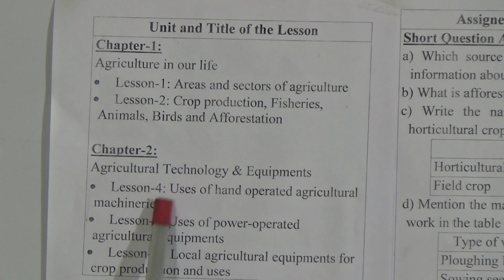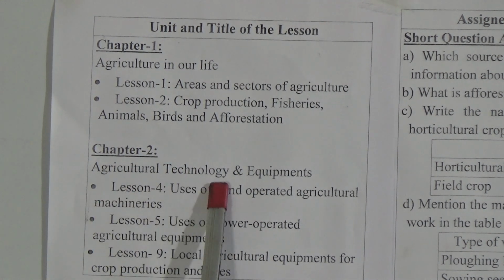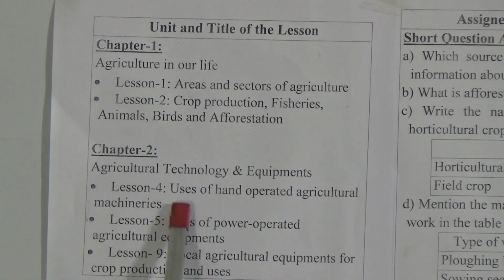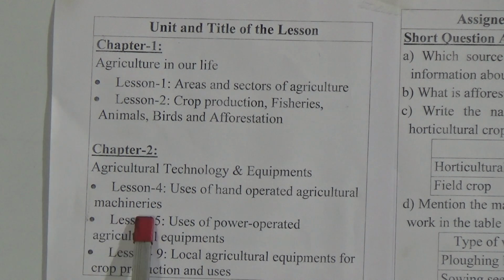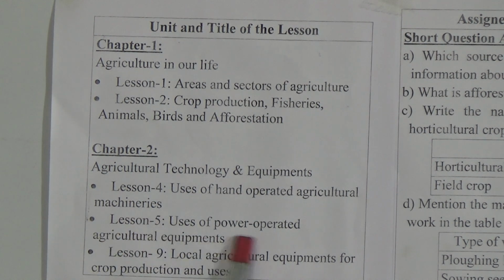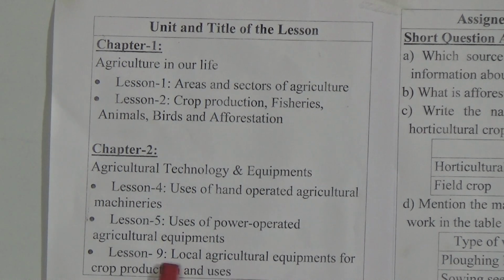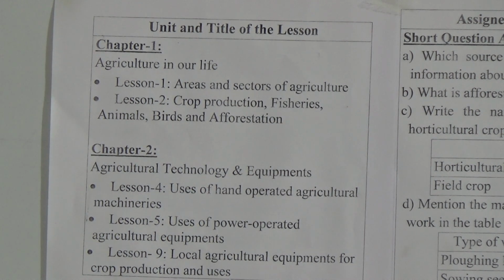And chapter 2, agricultural technology and equipments. Lesson 4, uses of hand operated agricultural machineries. Lesson 5, uses of power operated agricultural equipments, and lesson 9 is local agricultural equipments for crop production and uses.